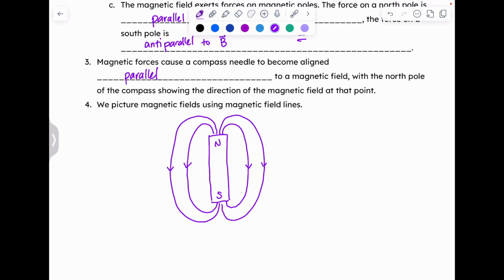And just like with electric field lines, lines closer together mean a stronger field strength. And then the field lines can never cross.